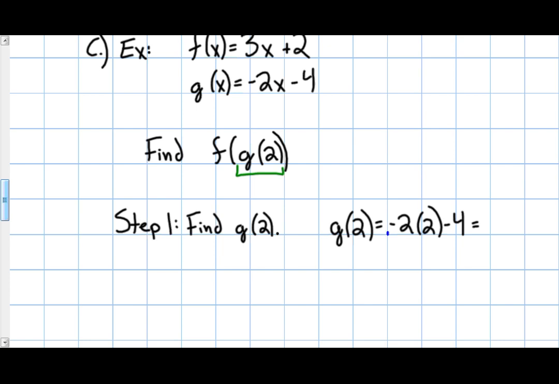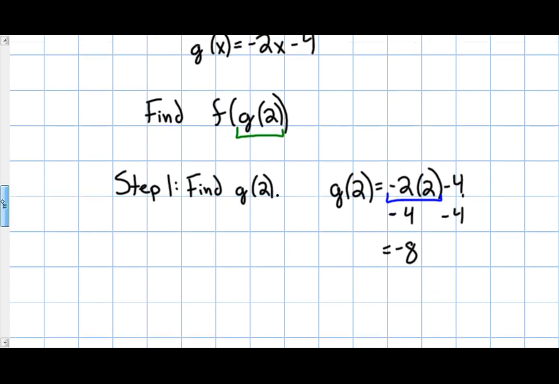Negative 2 times 2, that's negative 4 minus 4. All right, and so that is negative 4 minus 4, negative 8. Okay, so now I know that G of 2 equals negative 8.